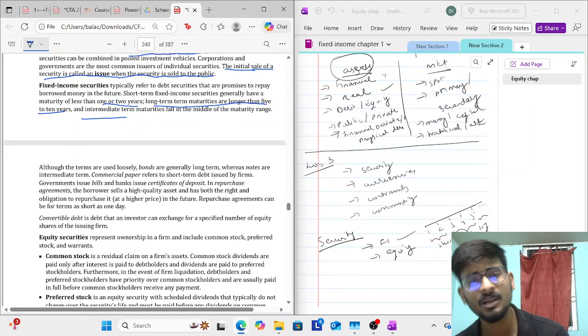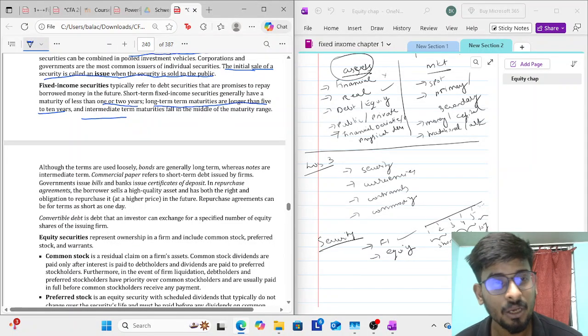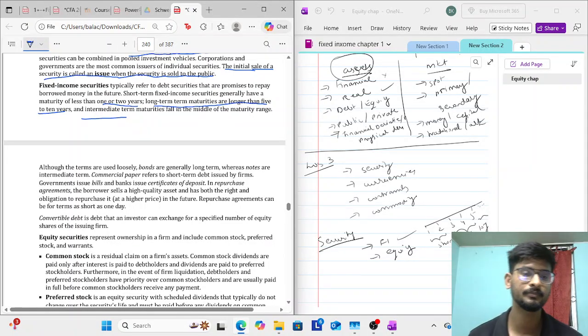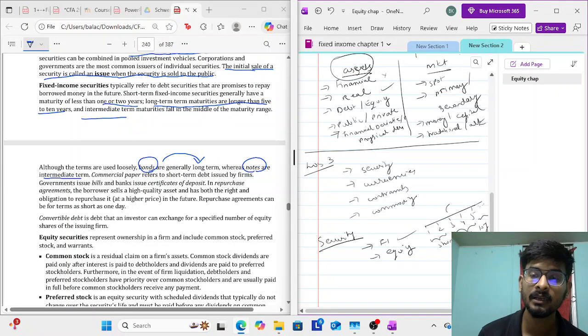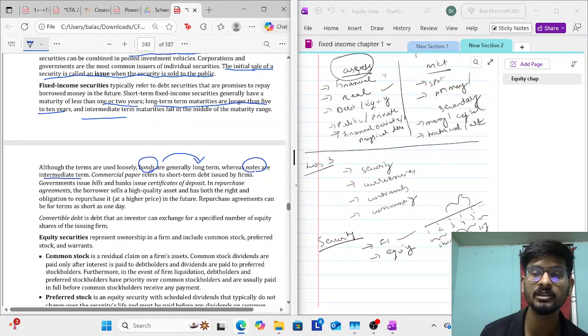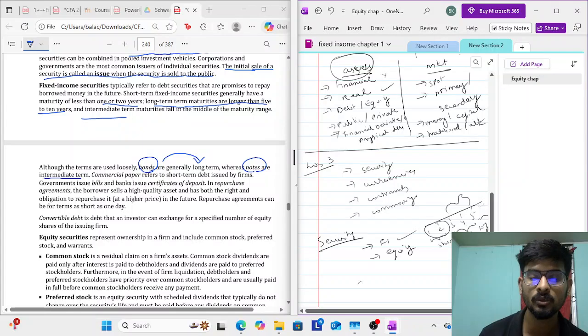Although the terms are used loosely, bonds are generally long term, whereas notes are intermediate term. If anyone says bonds, that is long term. If anyone says notes, that is intermediate term: 3, 4, 5 years. Commercial papers refer to short term, 1 to 2 years.